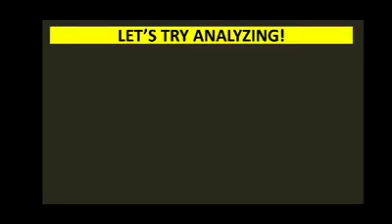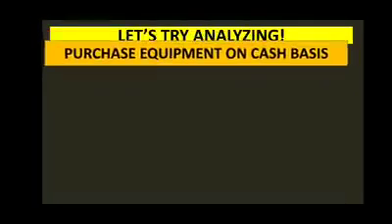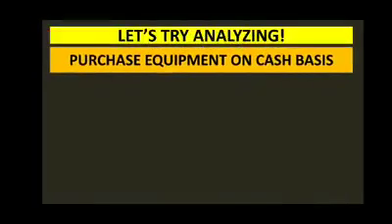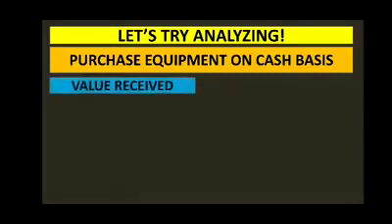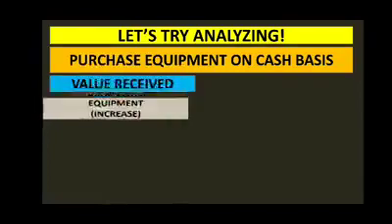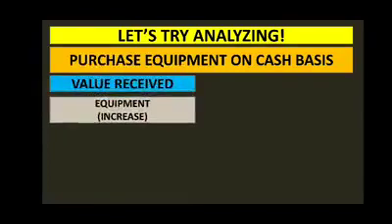Okay, let's try analyzing transactions. So, number 1 is purchase equipment on cash basis. So, ano yung value received natin? Ano yung natanggap ng company or yung business? Yung equipment. Diba? So, nag-increase yung equipment and then ano naman yung kapalit ng equipment?